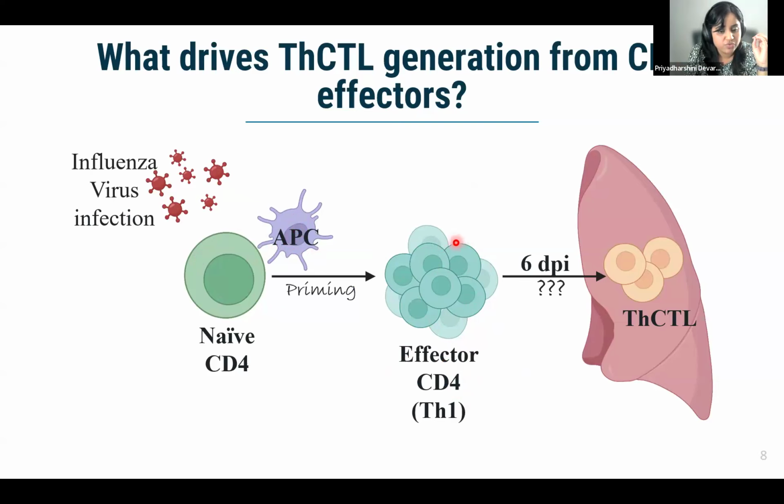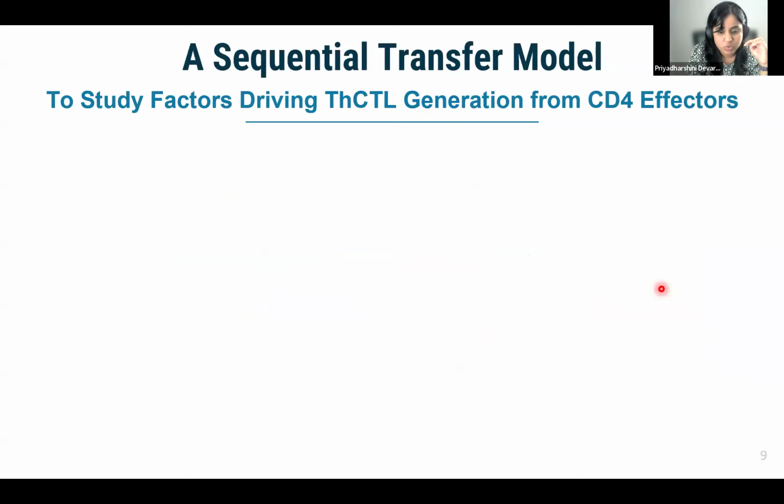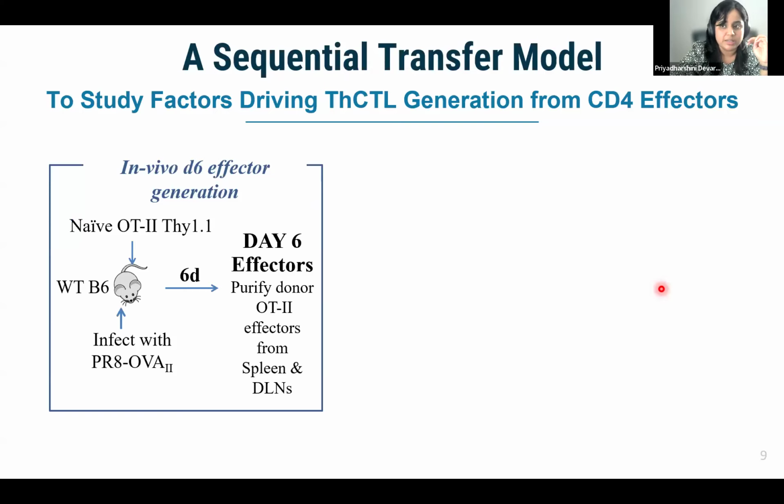What is required to further drive this initial wave of effectors into their development of more specialized cytotoxic CD4 T cells? And so to ask this question, we did a sequential transfer model where we tried to isolate that first part of the immune response, the early effector response, from this later phase where these more specialized subsets are generated.